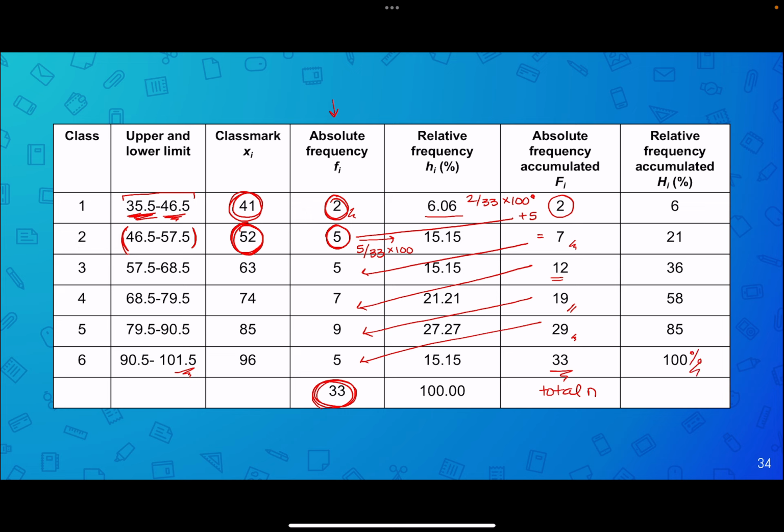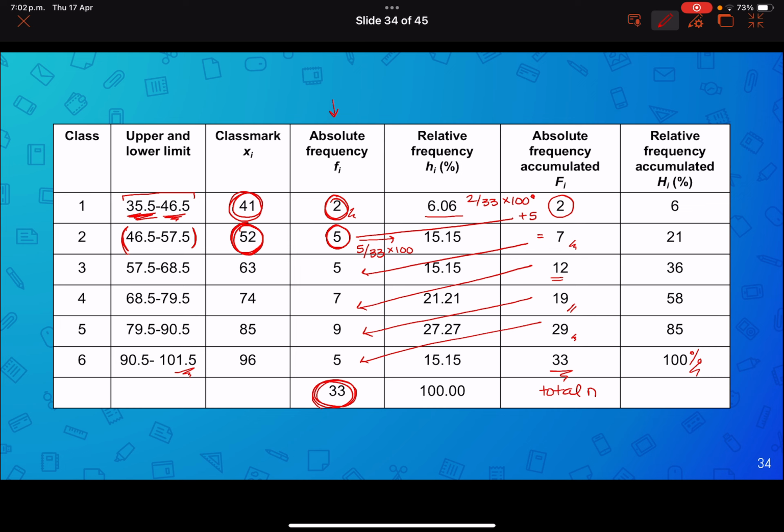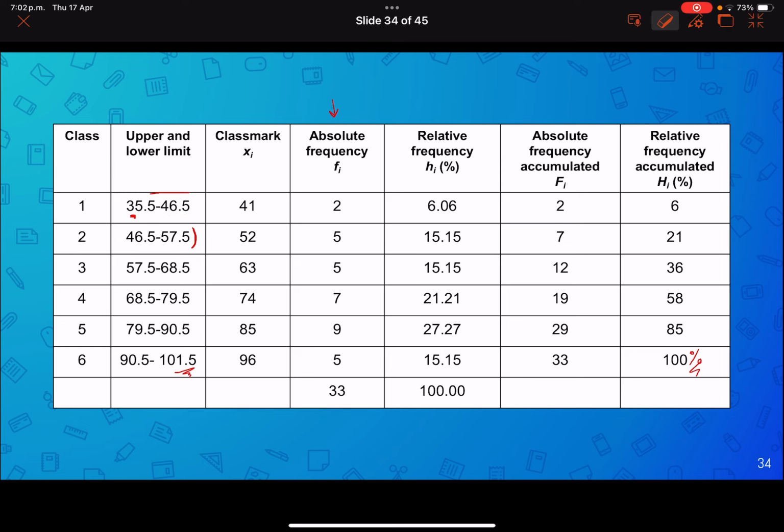So let's see what it is that we have here. Let me erase. So for the cumulative in percentage, we start with 6.